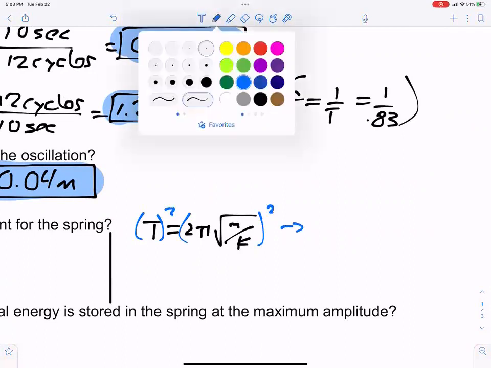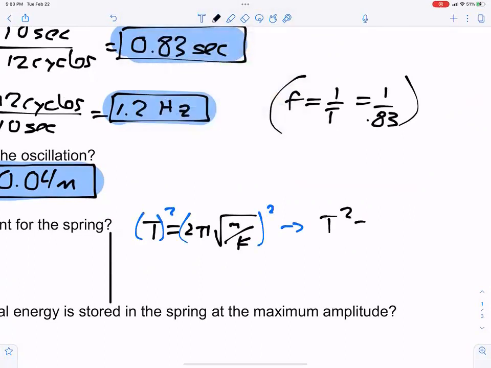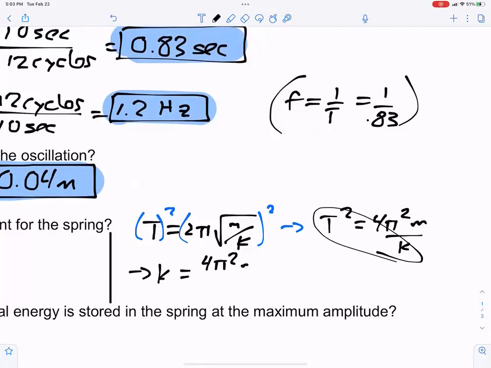And if I do that, I get T squared equals 4 pi squared, and then the square just eliminates the square root, m over k. To solve for k, just switch them, and we get k is equal to 4 pi squared m over T squared. So this value here, 4 pi squared, is roughly 39.5.